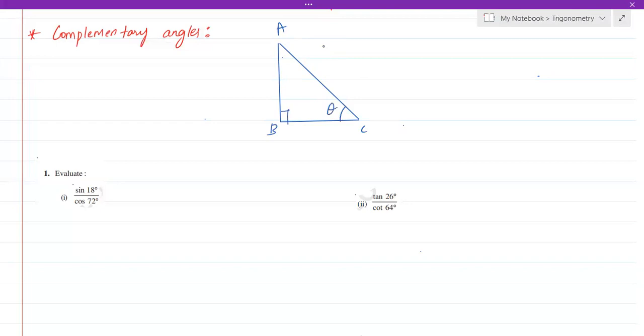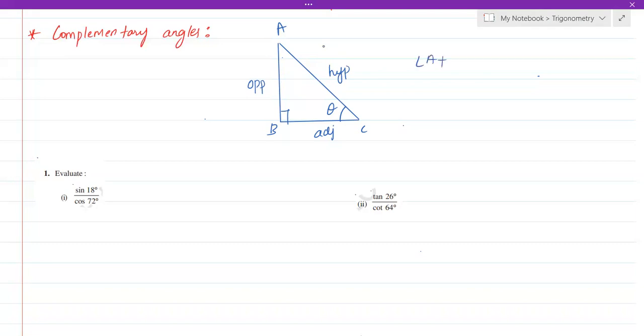Now, if this is theta, this becomes opposite side, and this is adjacent, and this is hypotenuse, isn't it? Now, using the angle sum property of the triangle, can we find what is this angle A? See, this angle B is 90, and C is theta. Let's try to find A.